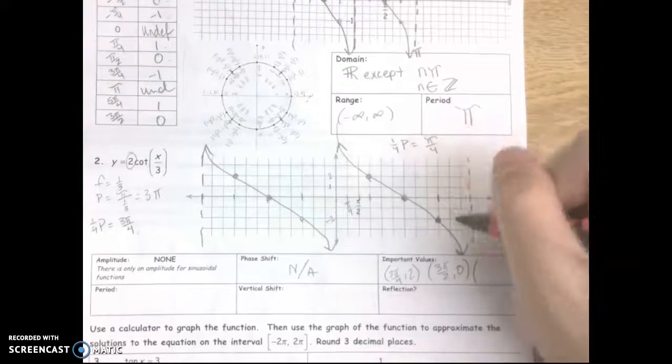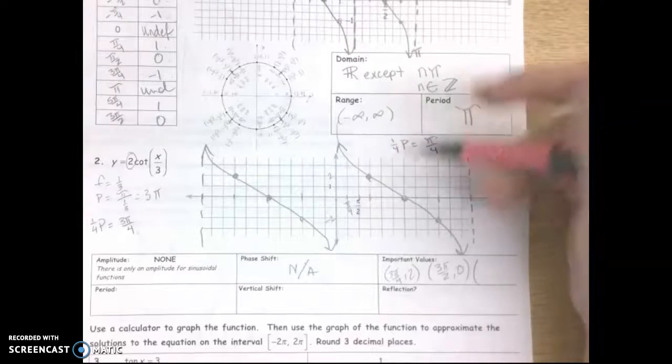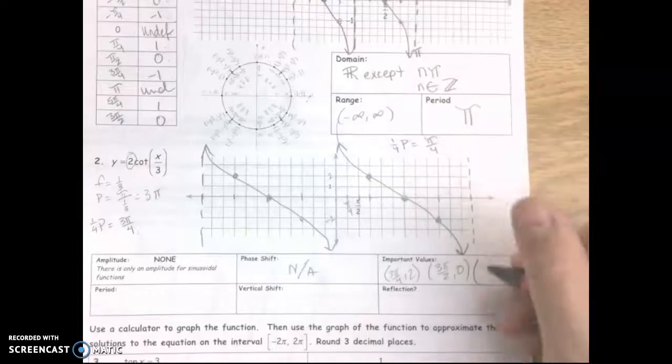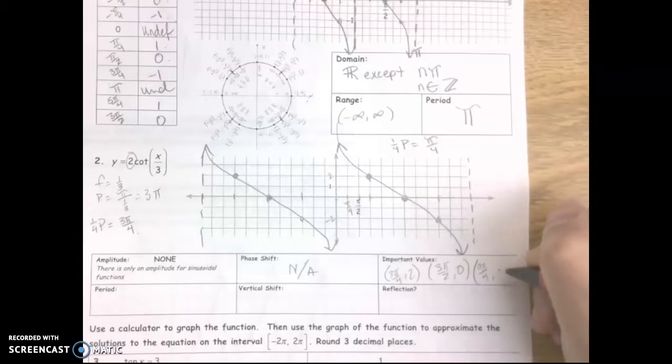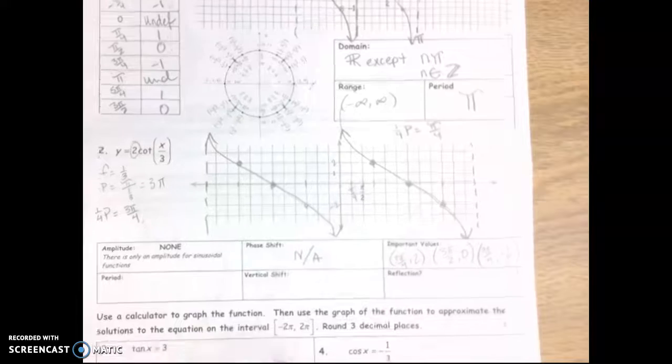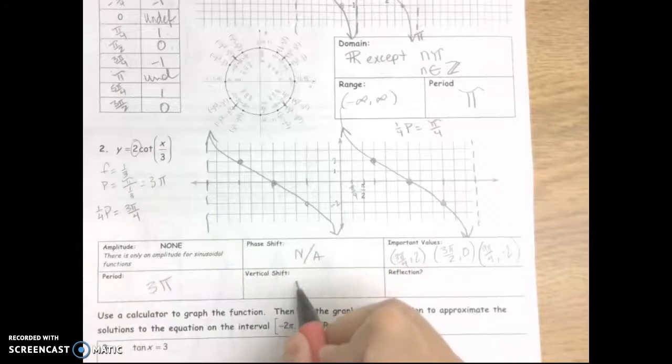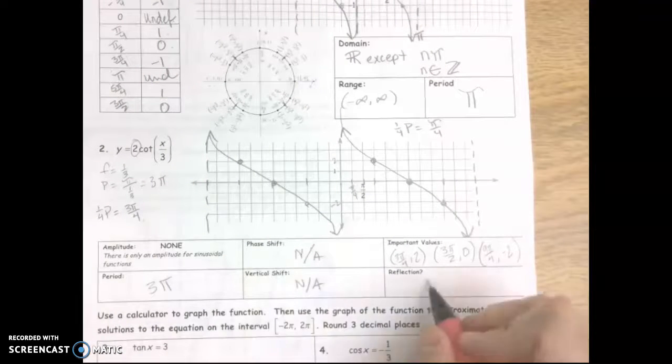And then we've got 9 pi over 4 and negative 2. The period here is going to be 3 pi. There is no vertical shift and there is no reflection.